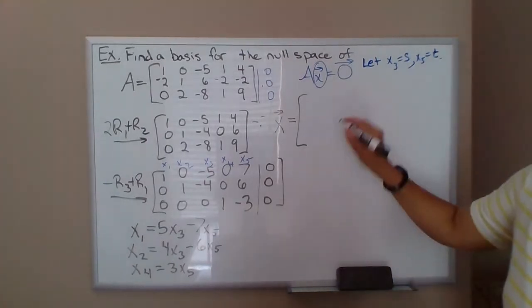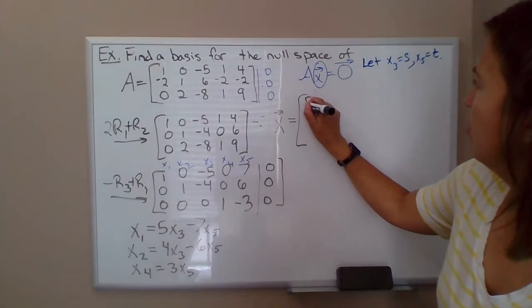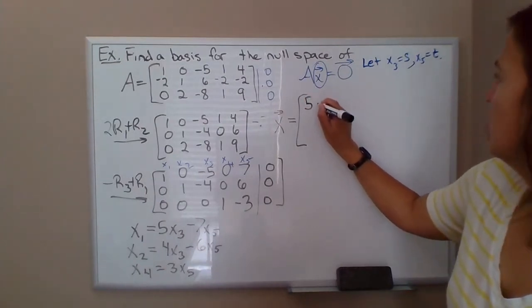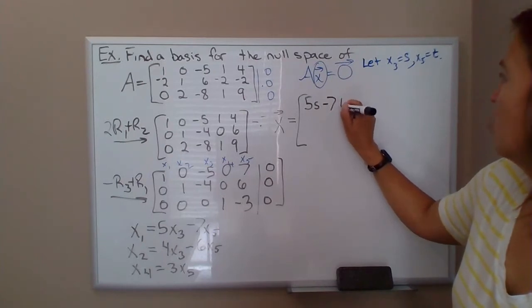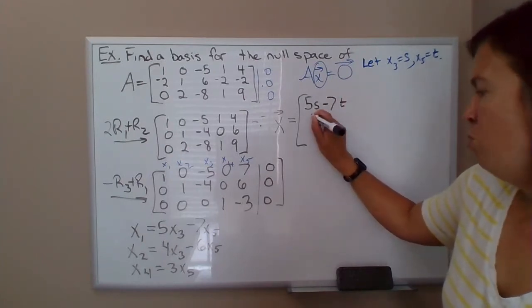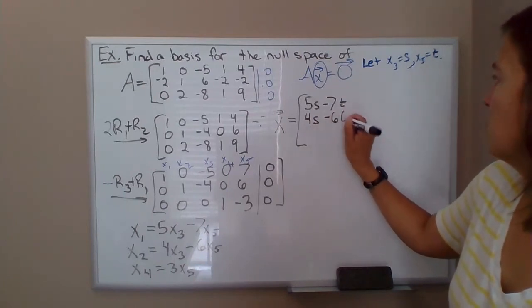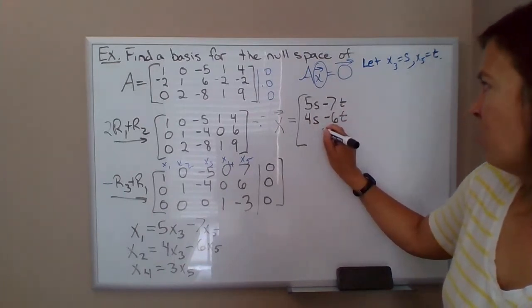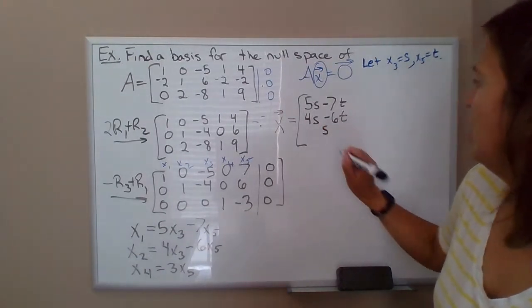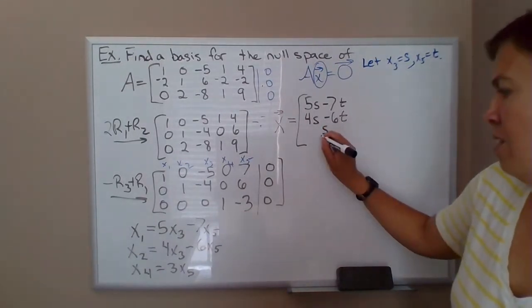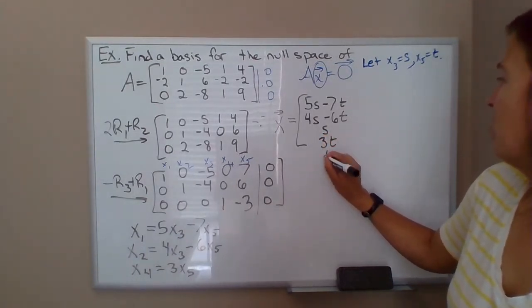So that means x1 is equal to 5 times x3, which I'm calling s, minus 7 times x5. x2 is equal to 4 times x3 minus 6 times x5. x3 is s. x4 is equal to 3 x5, and x5 is t.